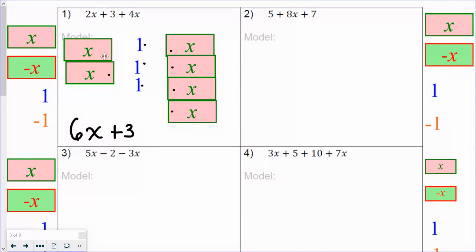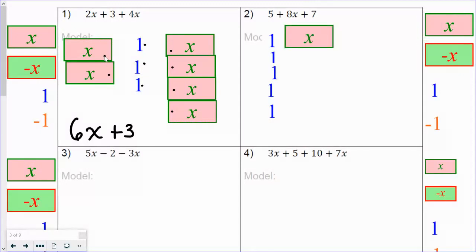Same thing for number 2. For each term of the expression, we're going to model it with our positives and negatives, almost like using counters. Instead of using positive and negative counters, we're using ones for our constant and x's for the variables.